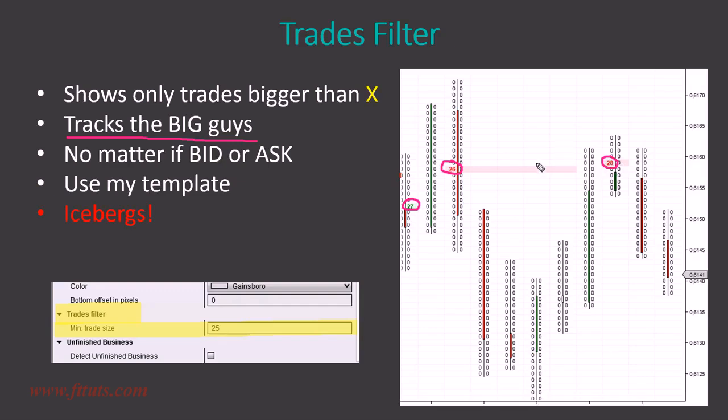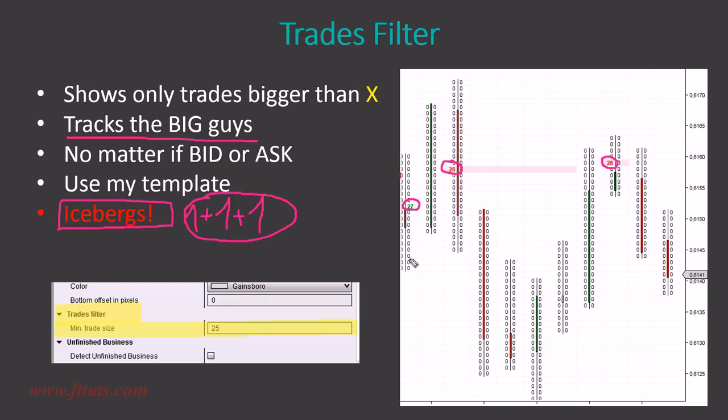Now obviously the big guys use way bigger trading positions than that, but what they do is they do iceberg orders, which means they enter, for example, one contract, then one contract, and the algorithm does that for them. So they do this real quick, extremely quick.